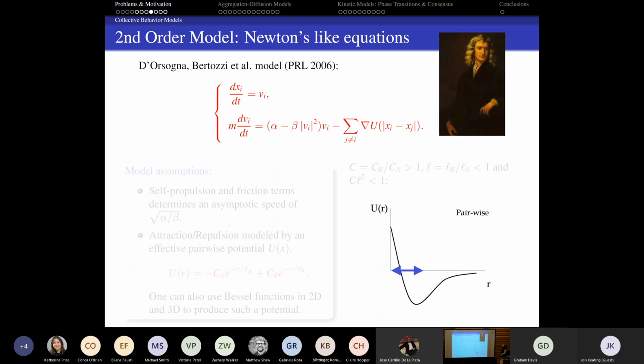If I am at a distance larger than this, I prefer to get closer to you. Okay? So this is what it means, and this is what it does, the sum of all the interactions between all the individuals that are here. Okay, here is just a term that is fixing the cruise speed of the individuals. Asymptotically, they want to go to a certain speed. When we walk in the street, maybe we go to a certain fixed speed.